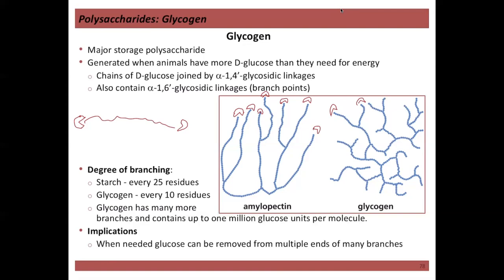And so by having more ends here, we can release glucose very, very quickly into our body. Again, if we only had a straight chain, you'd be chomping off the ends and you'd probably be dead before you got a sufficient amount of glucose into your bloodstream. But by having it highly branched, we can dump a lot of glucose into our bloodstream very quickly.